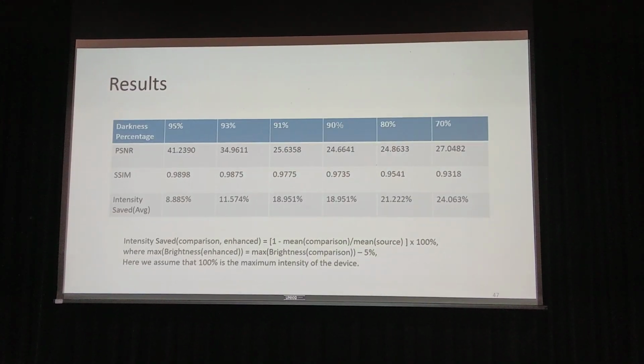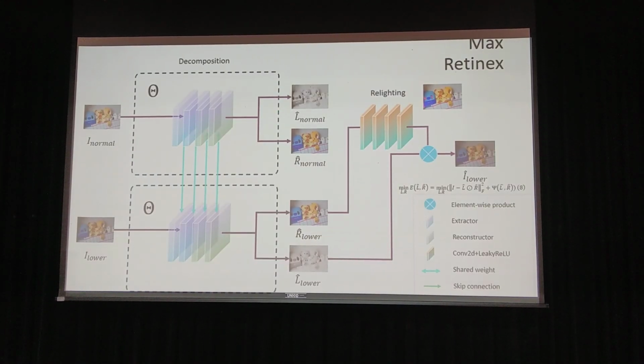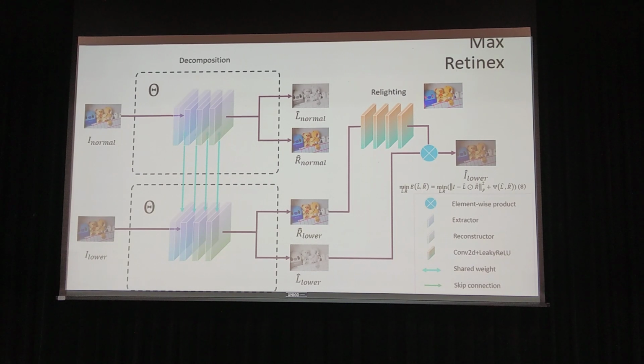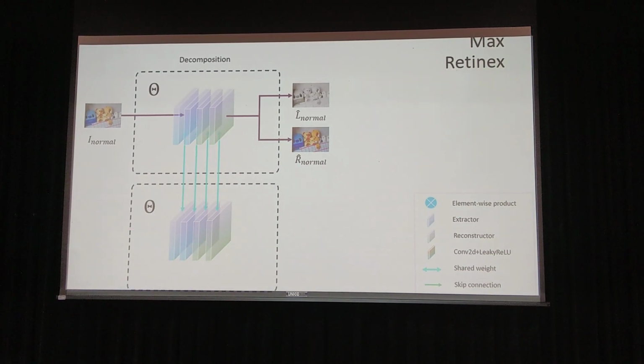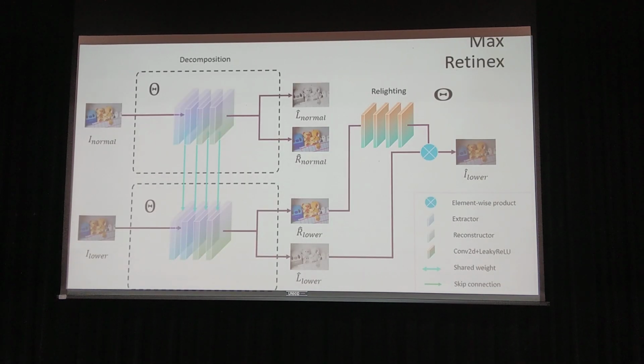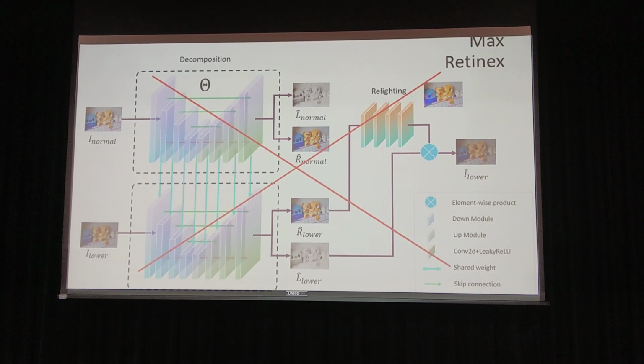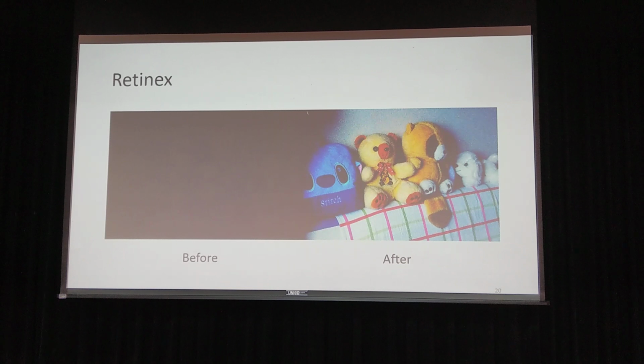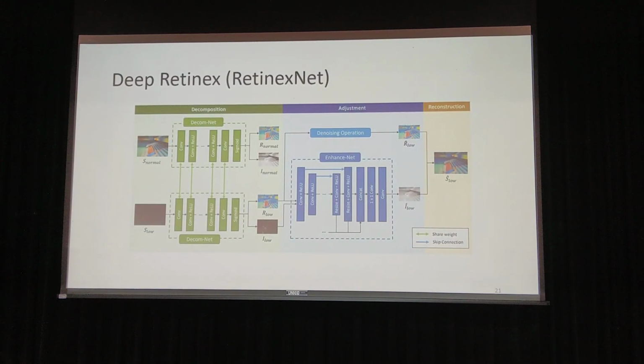First of all, the structure. You can see that it got much simpler than the previous one. The first structure I proposed was this one, but it was much slower than the current one. This structure is similar to RetiNXNet that you can see here, just two stages: one is decomposition and the second is adjustment.